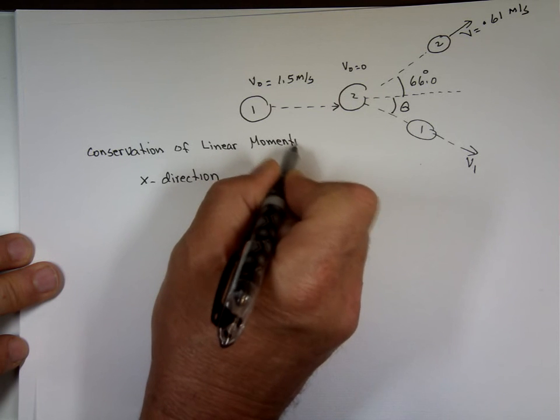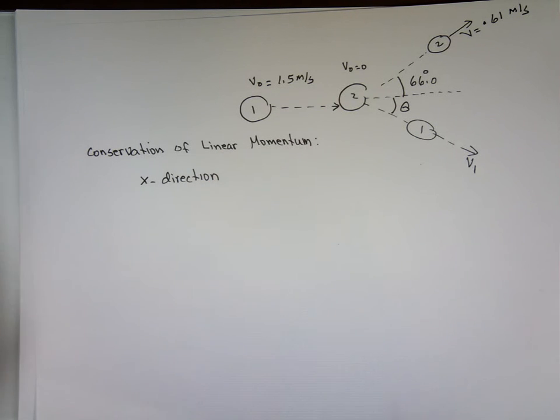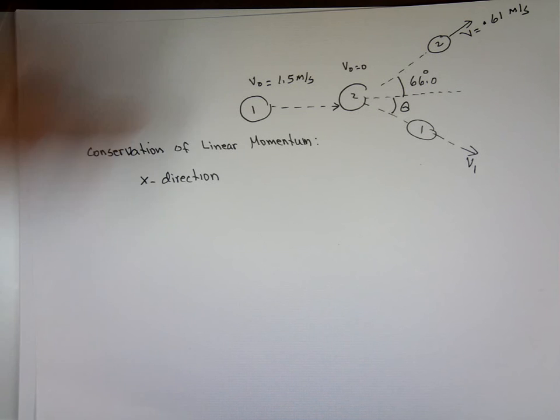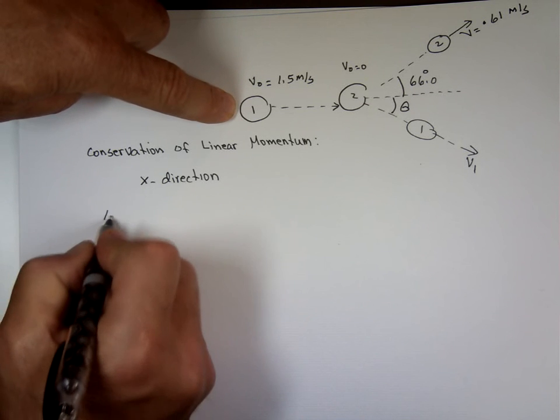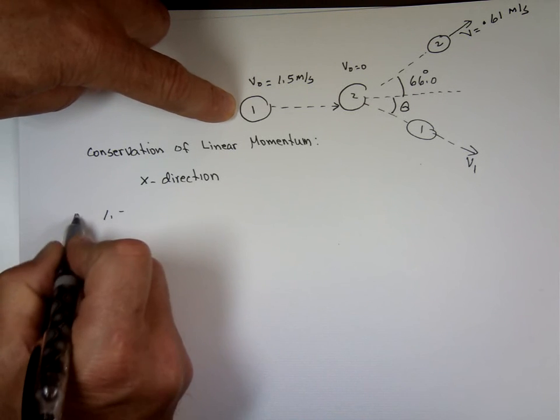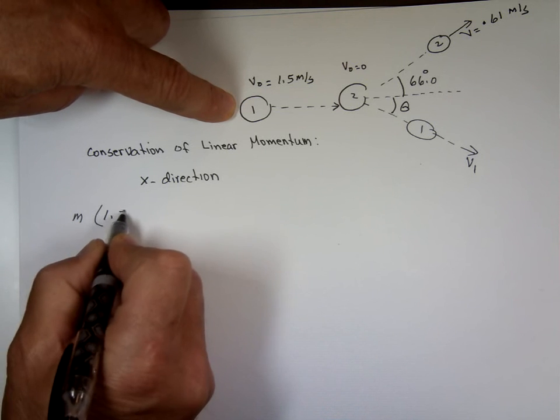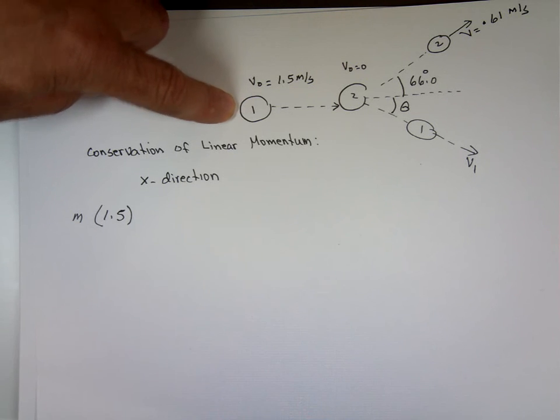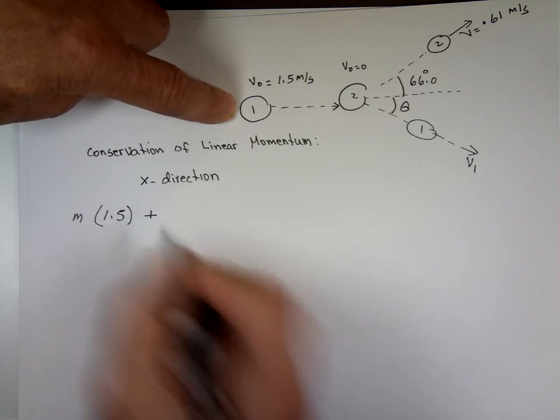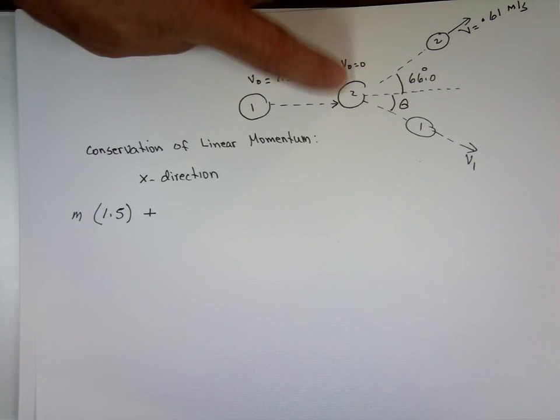In the x direction, this was moving 1.5 meters per second, with mass m. I didn't give you the mass because they're the same mass. The second one has a mass m, and its velocity in the x direction was 0.